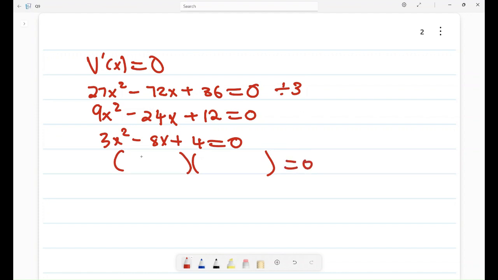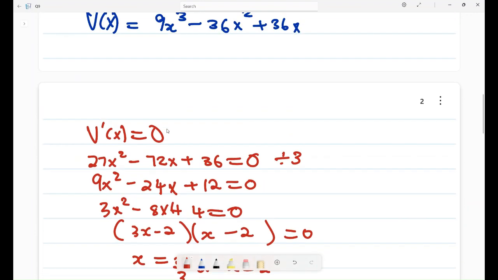Now you have to know how to find your factors: 3x minus 2 as well as x minus 2. This is very important. Therefore, your first value is x equals 2 divided by 3, or x equals 2.